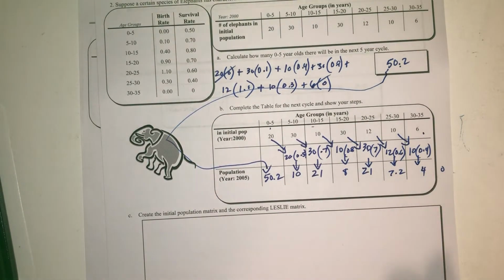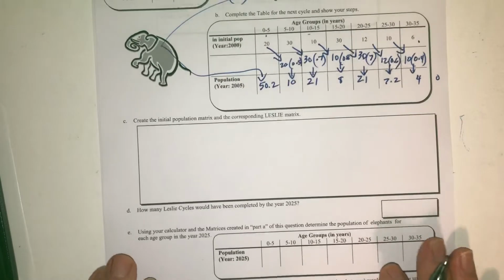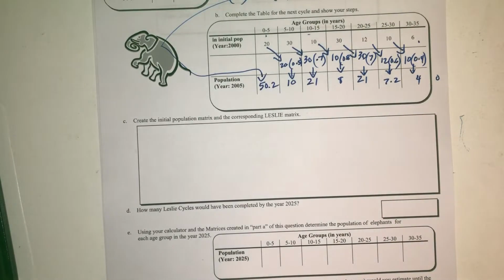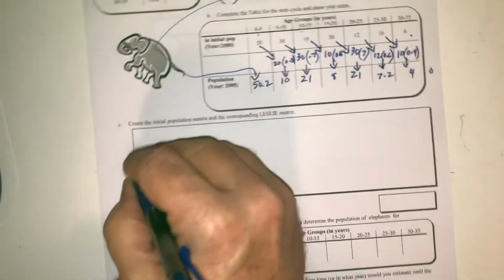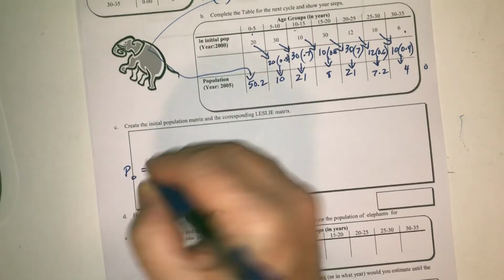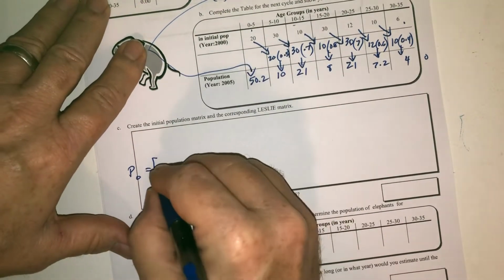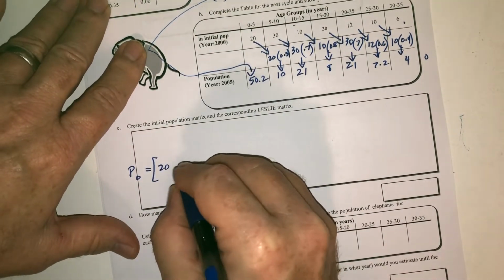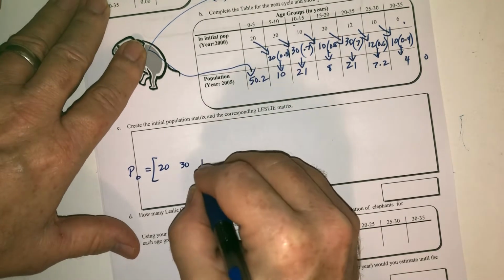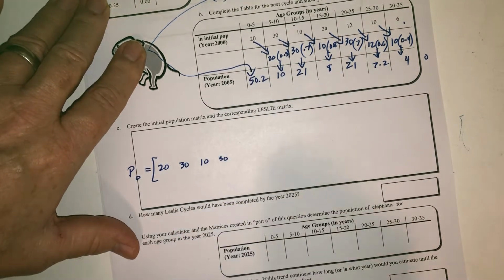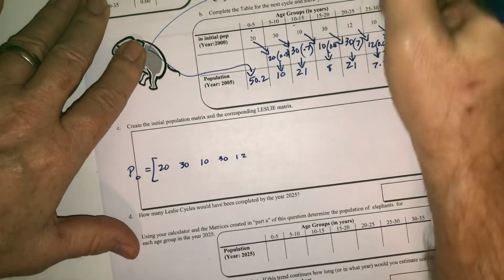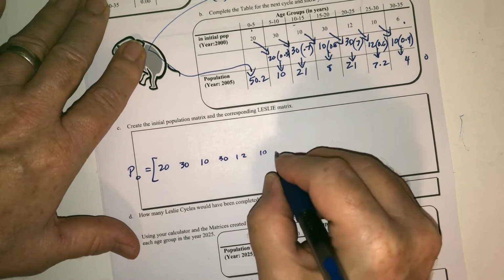Part C says to create the initial population matrix and the corresponding Leslie matrix. So let's do the initial population matrix over here, P sub 0, and it was 20, 30, 10, 30, 12, 10, and 6.